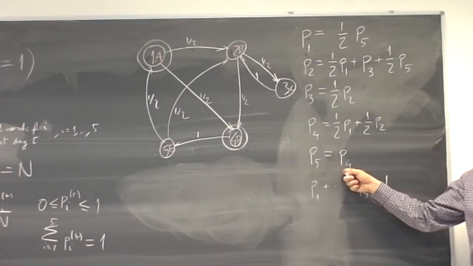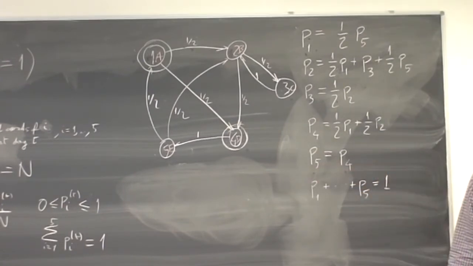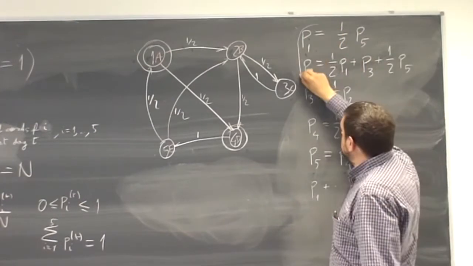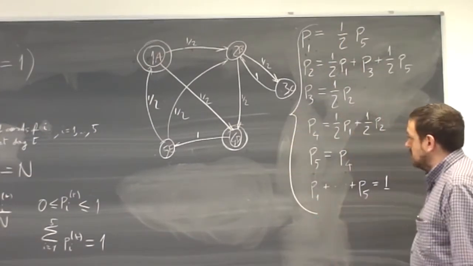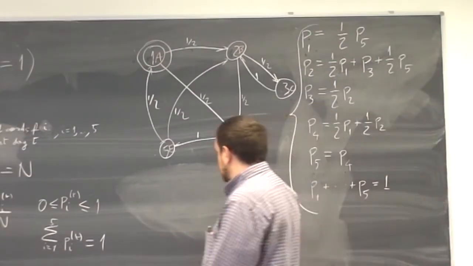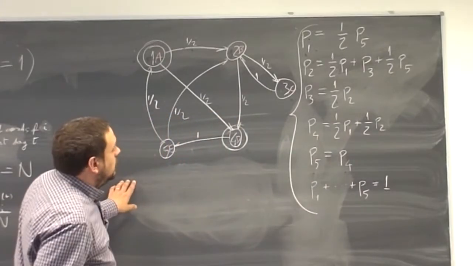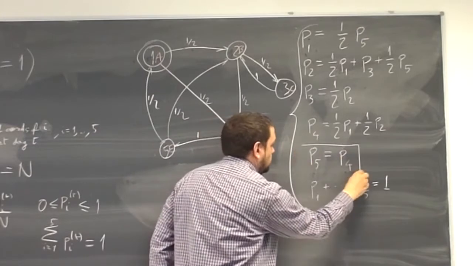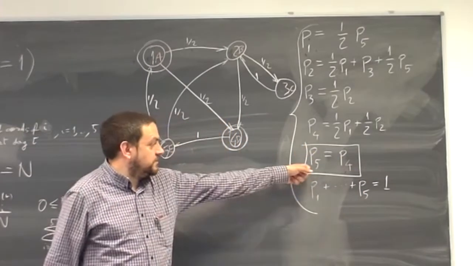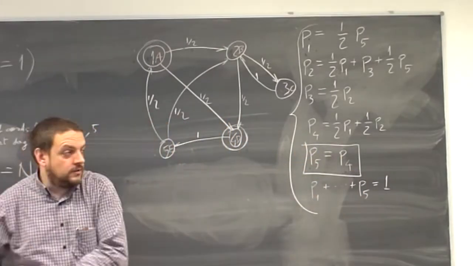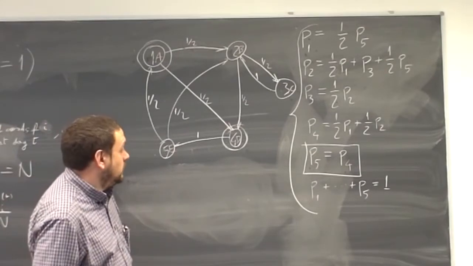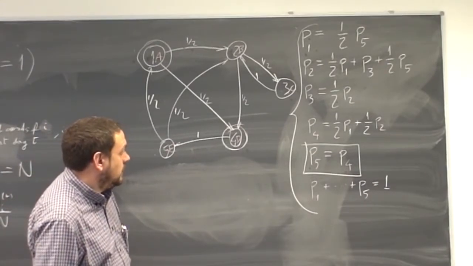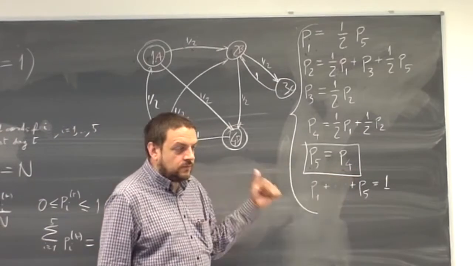As usual, there are some equalities that help us solve this system of equations. So for example, let's write here, this is very important, P4 equal to P5, because we can remove one unknown from the equations.